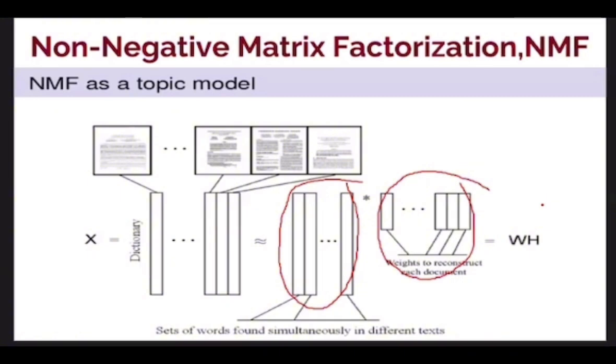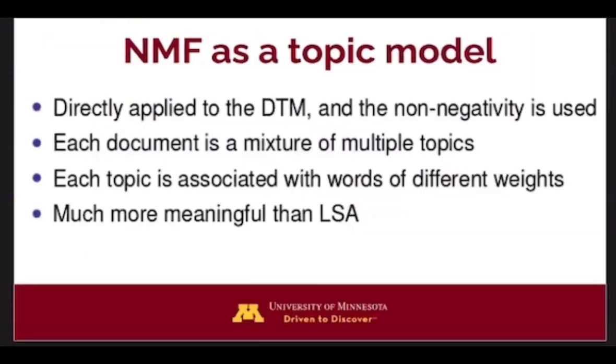I told you the other time, it's going to be a gap. So I'm presenting to you that non-negative matrix factorization can also be used as a topic model. Okay. And this is so fantastic. This is an improvement on the LSA method that I presented to you the other time. Take a look at this.